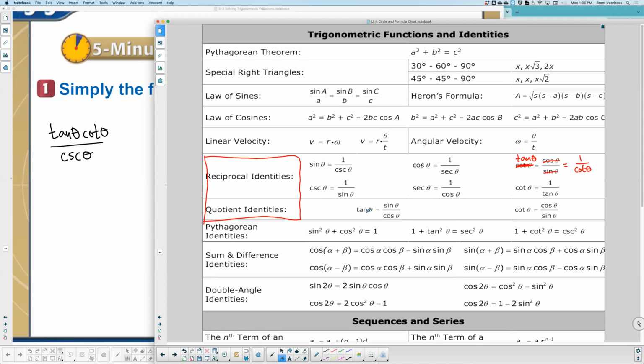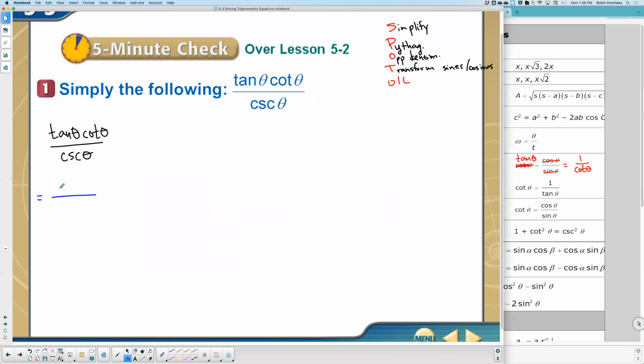And specifically, since this tangent's in the numerator, it's the same thing as tangent over 1 here. So how I'm going to rewrite this is I'm going to say this is equal to sine divided by cosine. That's the tangent portion right here. This tangent we applied, that was called the quotient identity.